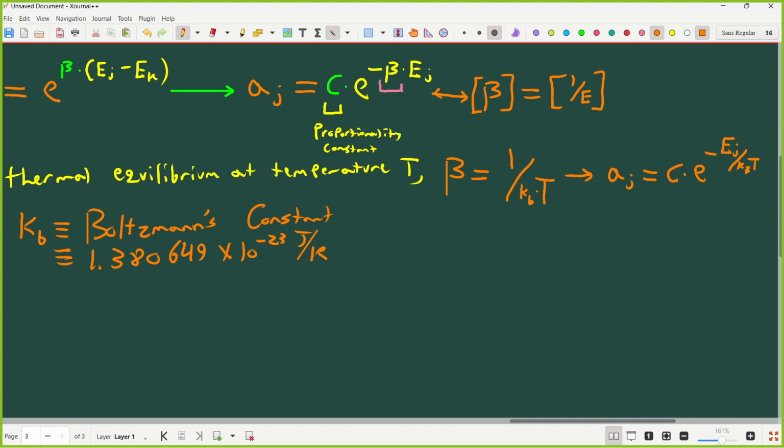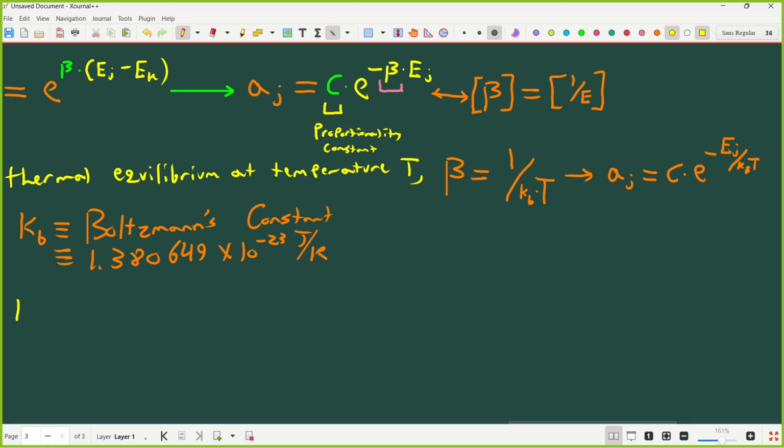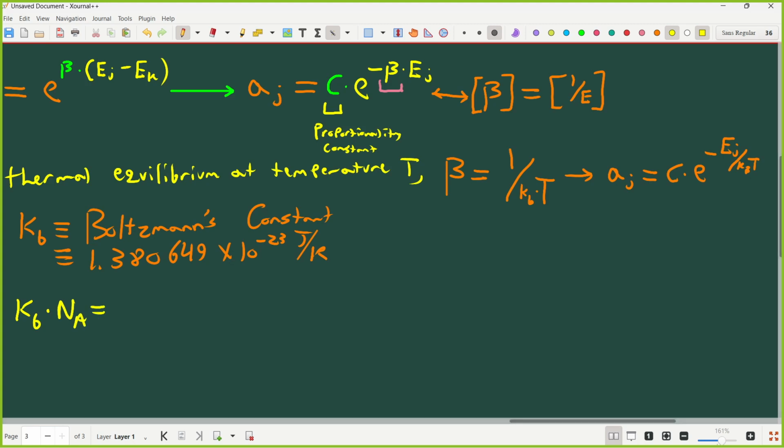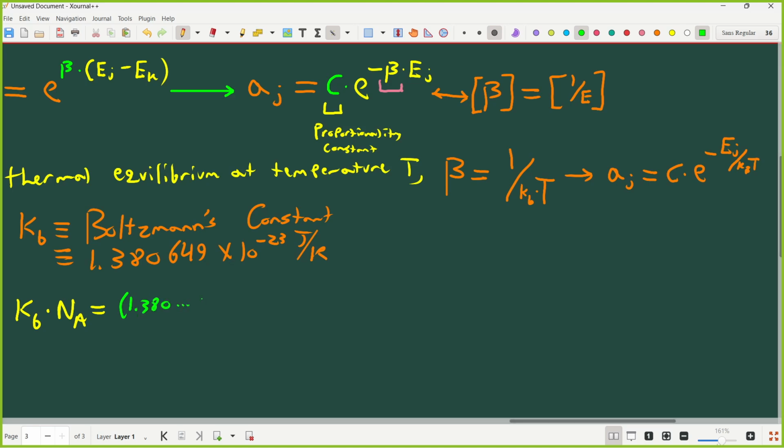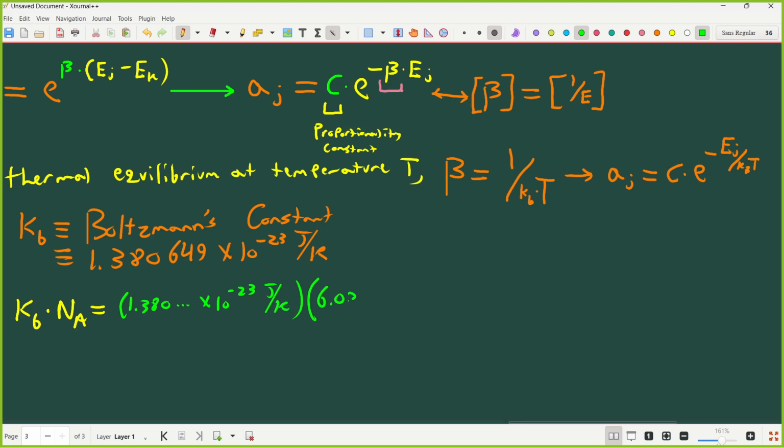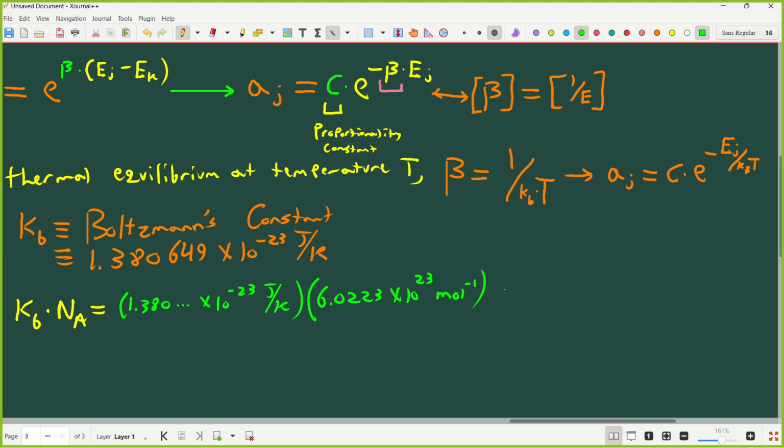Okay, you've seen this number before, but in a different context. If I multiply this number by Avogadro's number, let's do it really quickly. If I multiply Boltzmann's constant by Avogadro's number, I have 1.380 times 10 to the minus 23 joules per Kelvin times Avogadro's number, which is 6.0223 times 10 to the 23, and the units are per mole, or minus 1.